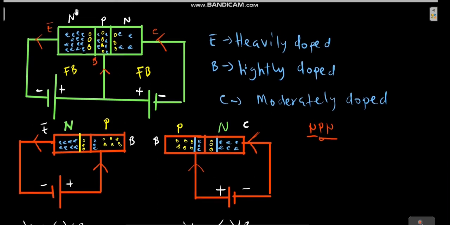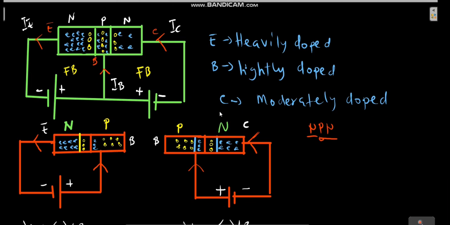For this to be easy, let me name the collector current IC, and here should be IE, that's the emitter current, and the current at the base should be IB. So in NPN transistors, currents flow from the collector to the emitter.